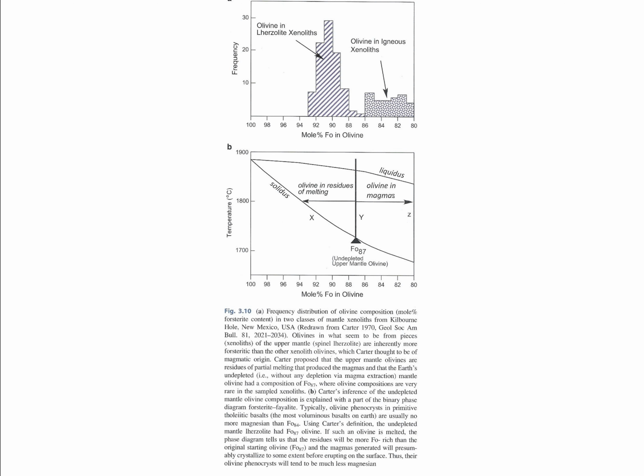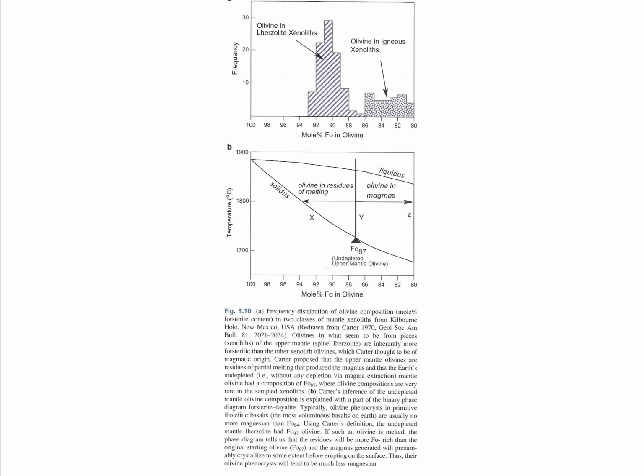On this stack diagram on the right-hand side we have the olivine in the igneous xenoliths, and they show a lower XMg, whereas the olivine crystals in a lherzolite show a higher XMg.